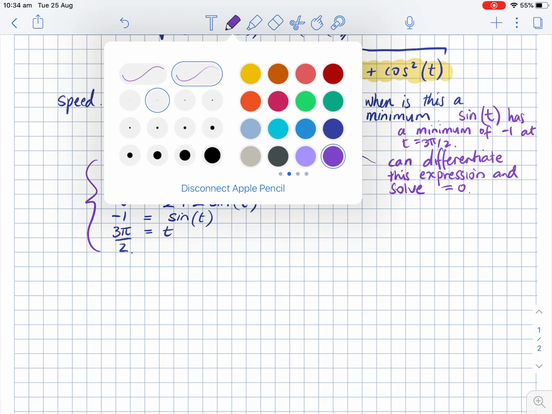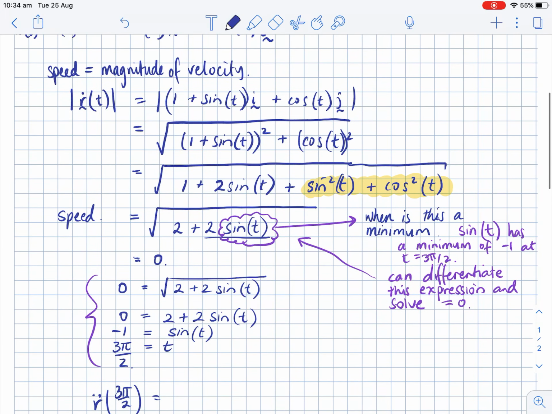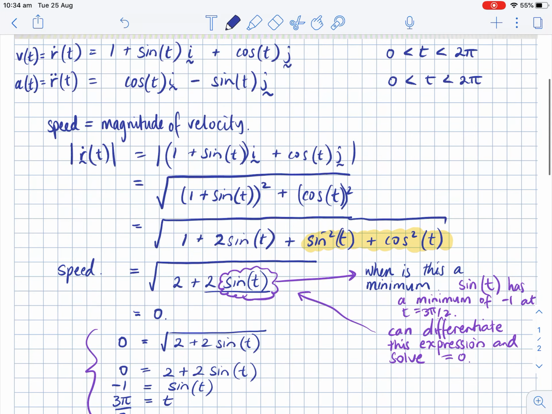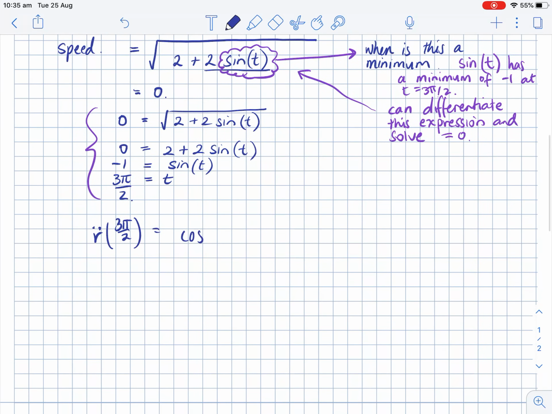So the easiest way to do that now is we just go back to my acceleration expression, and I need to substitute in 3 pi on 2 into that expression. So if we substitute 3 pi on 2 into cos t i minus sin t j, we'll get cos 3 pi on 2 i minus sine of 3 pi on 2 j.